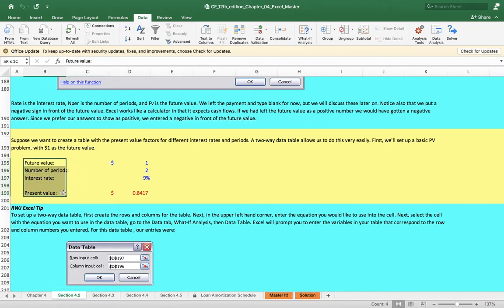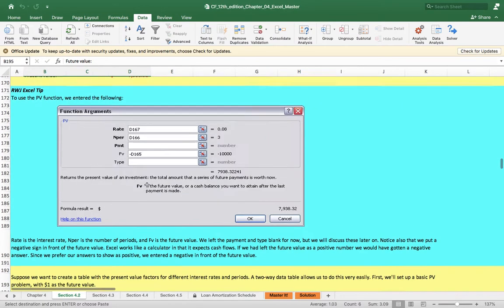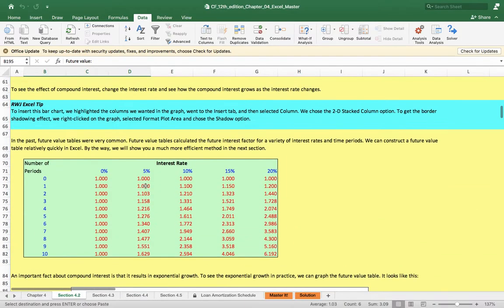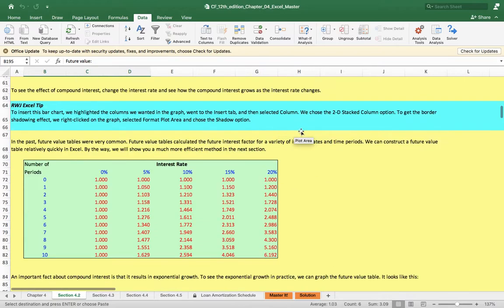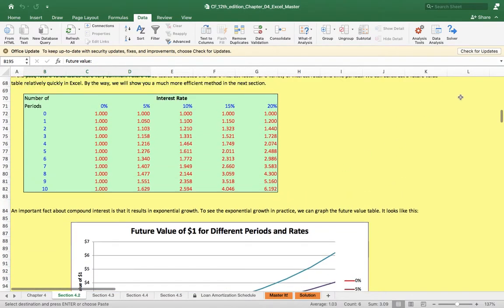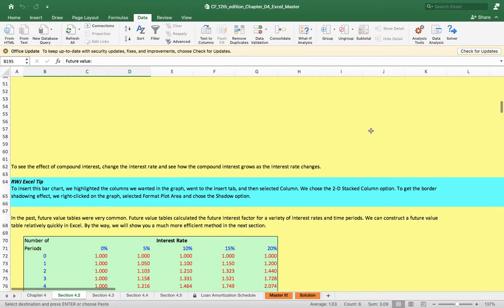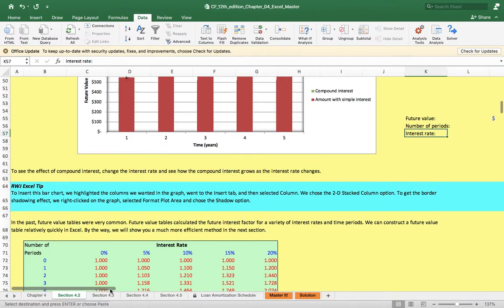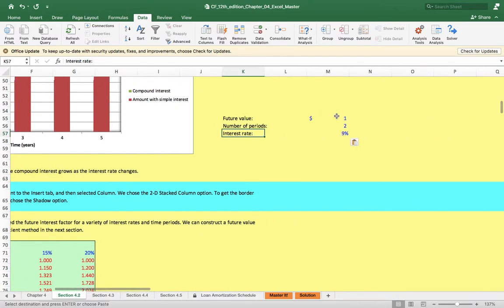Number of periods. Okay, let us come here and do it here where there is space. Then what is the future value?